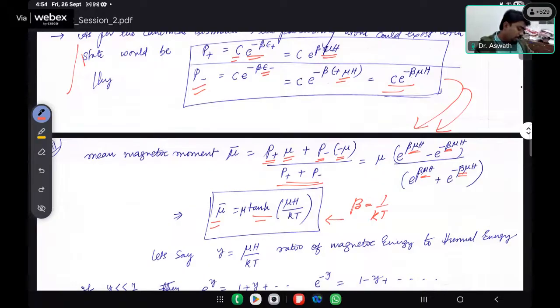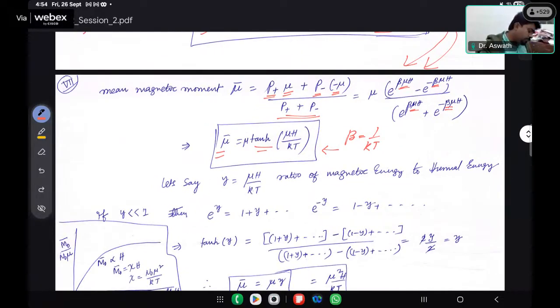So mu H by kT is a ratio of magnetic energy to the thermal energy. Boltzmann constant multiplied by T is actually thermal energy. So it's like magnetic energy to thermal energy ratio. So exponential of Y, where Y is always less than 1. You know why?